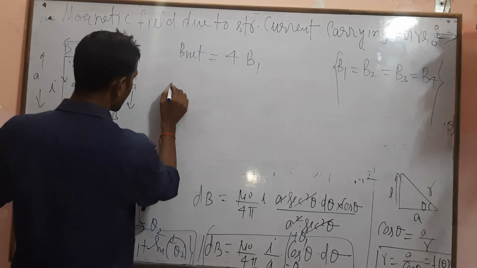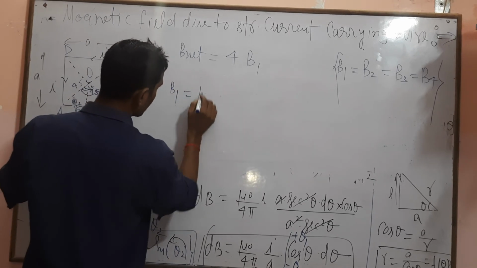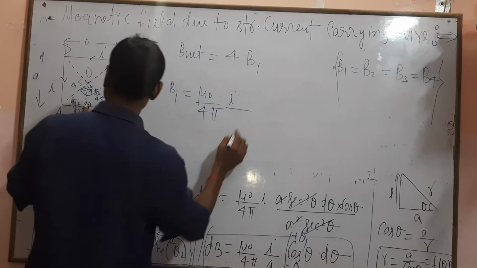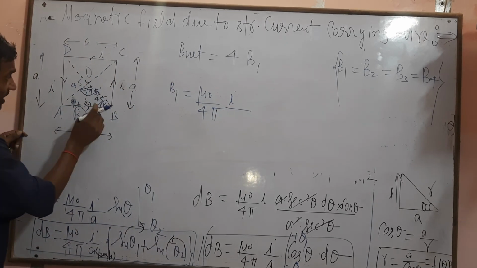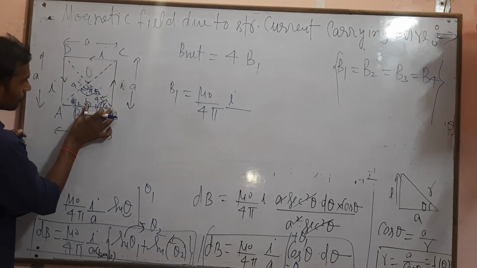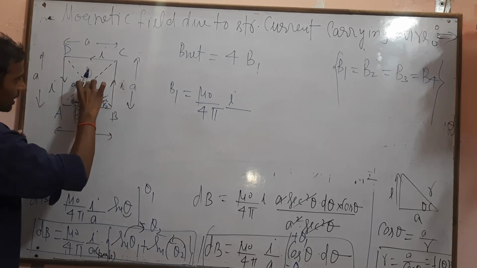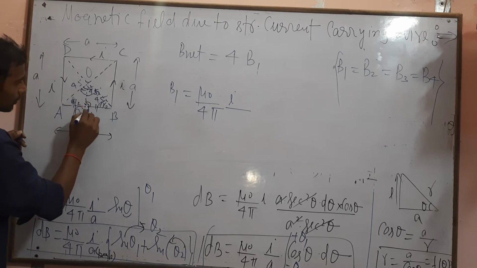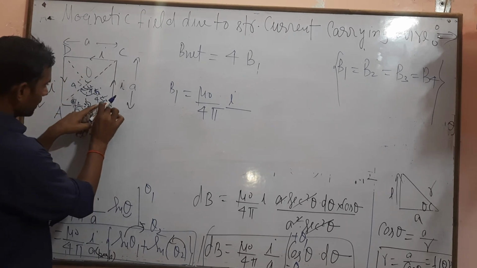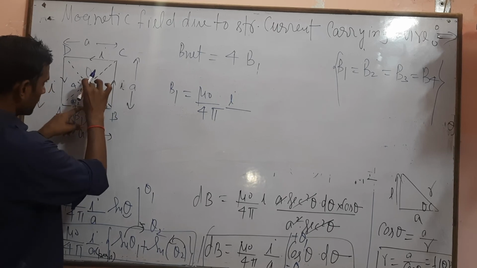So B1 equals mu naught by 4 pi times I by the perpendicular distance. This is the angle 45, and this is A by 2. Let us suppose this is OM, and this is the perpendicular.